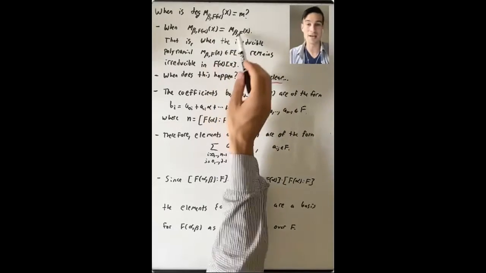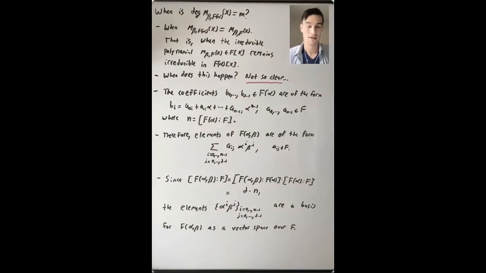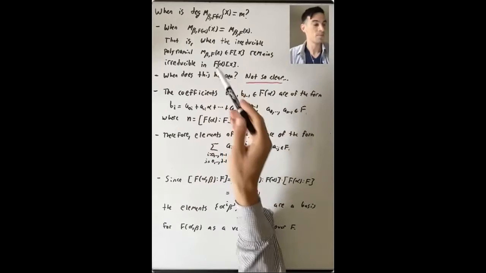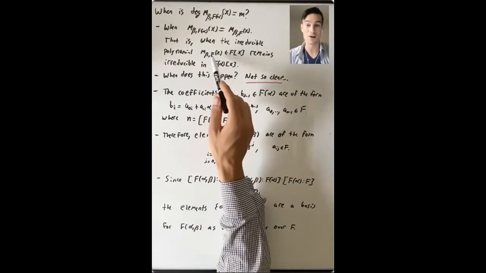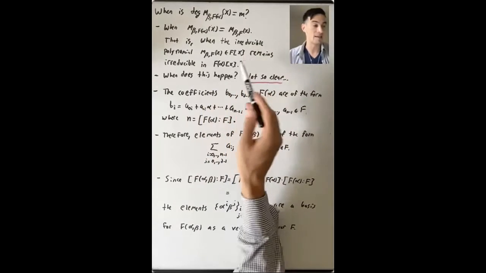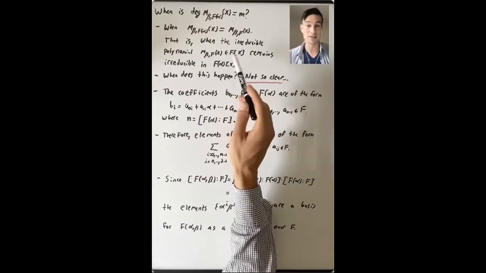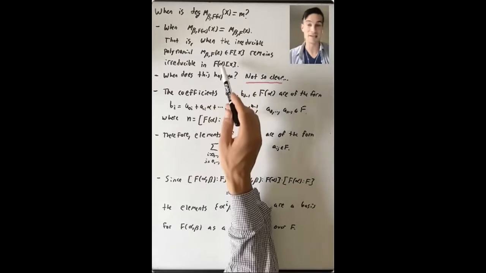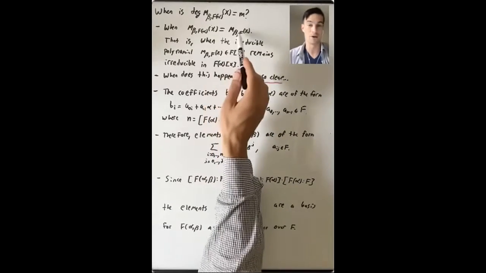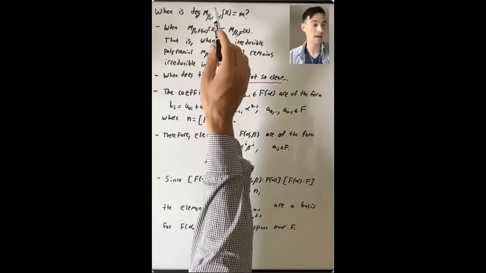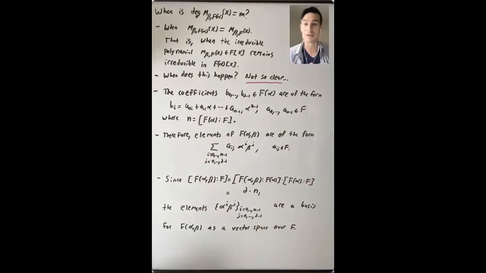So they have the same degree if and only if they're equal. Okay, so when are they equal? That is, we have this irreducible polynomial, the minimal polynomial of beta over F in F[x]. And if that polynomial is still irreducible when you consider it as an element in F adjoin alpha [x], then these two minimal polynomials are the same. And in particular, their degrees are the same.